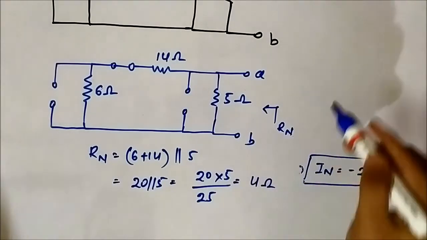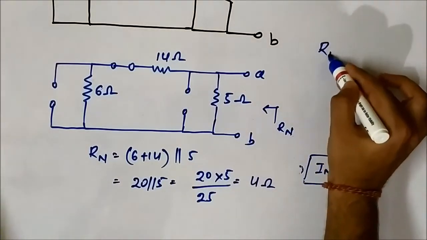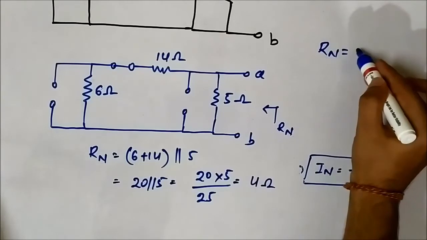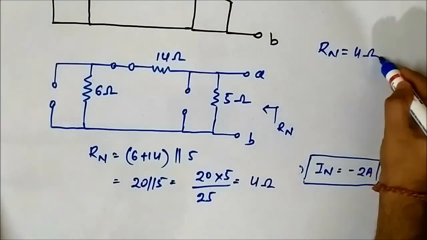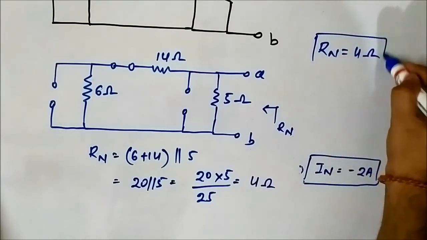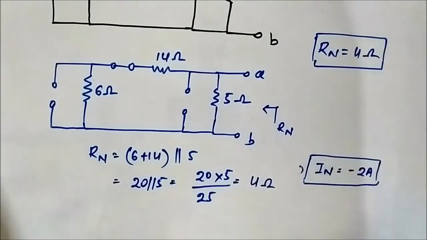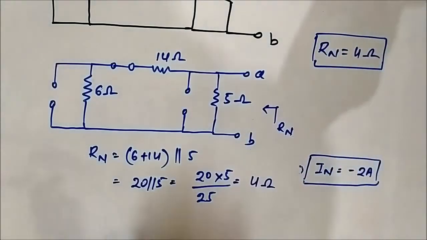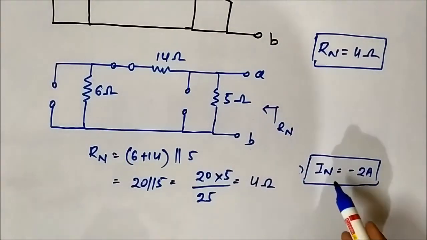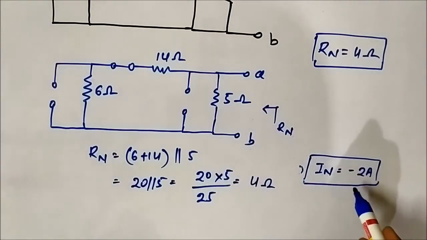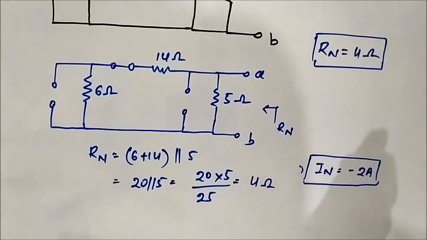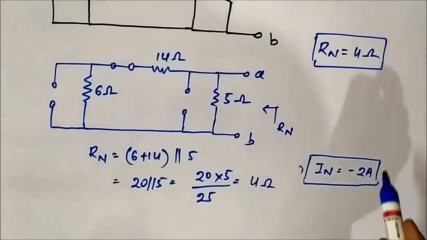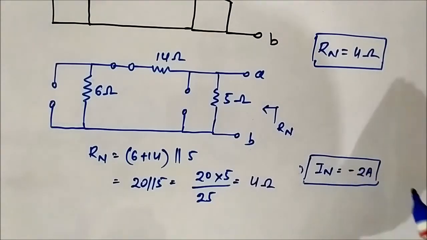The Norton equivalent resistance, or the equivalent resistance simply between these 2 points, is 4 ohm. So here we have got the Norton current equal to minus 2 ampere, and the Norton equivalent resistance 4 ohm. So don't confuse with the minus sign.